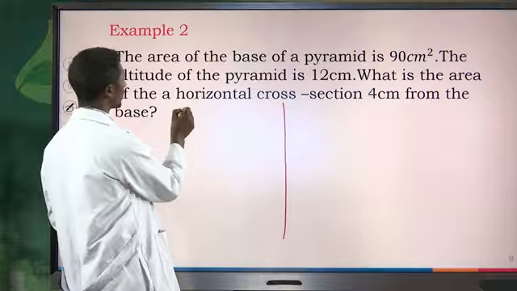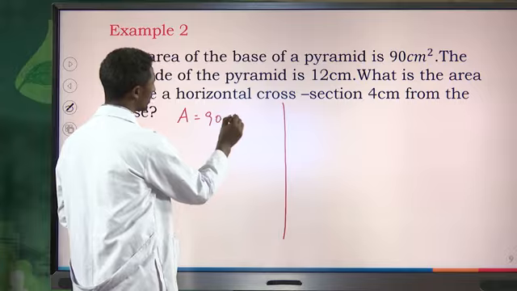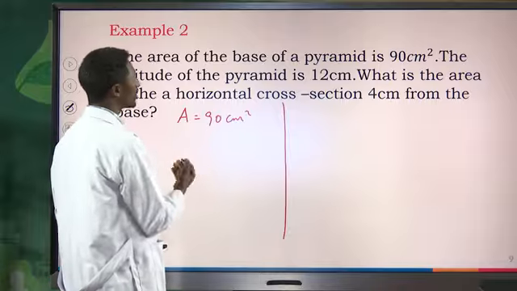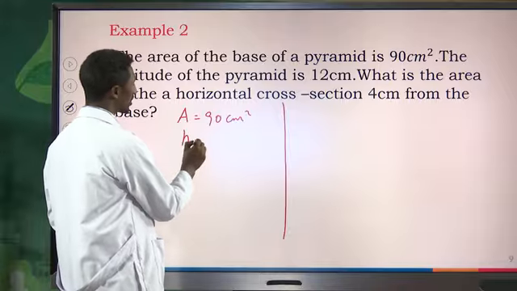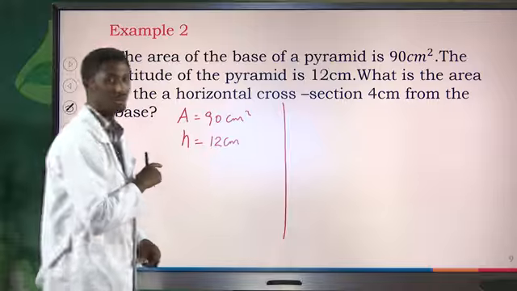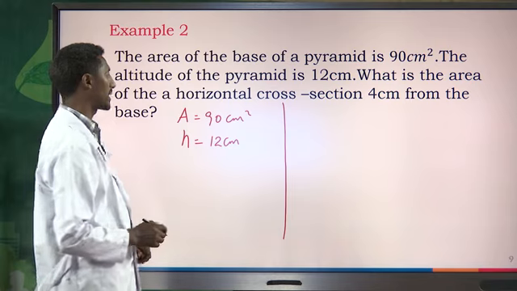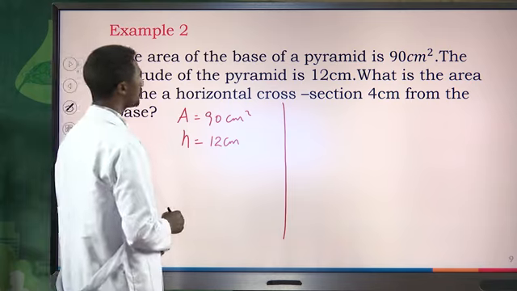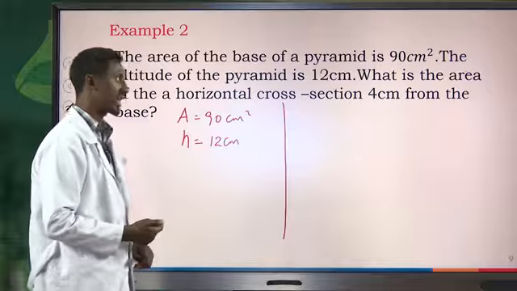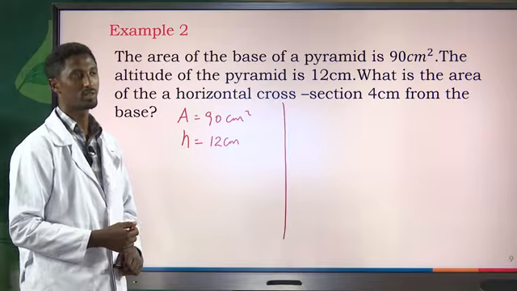A, the area of the base, is 90 centimeter square, and the altitude of the pyramid is 12 centimeter. It's not the altitude of a frustum of a pyramid, it's the altitude of the pyramid. And what is the area of the horizontal cross-sectional area 4 centimeter from the base?